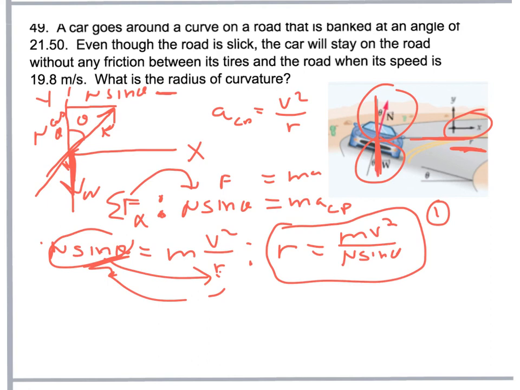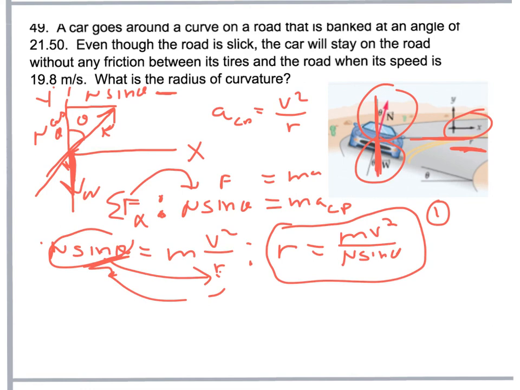We know that the angle is 21.5, and we know that the speed is 19.8. But we don't know m or n. So n is still unknown. Actually, we do know the speed, so we have v squared here, and so that's our f sub x.